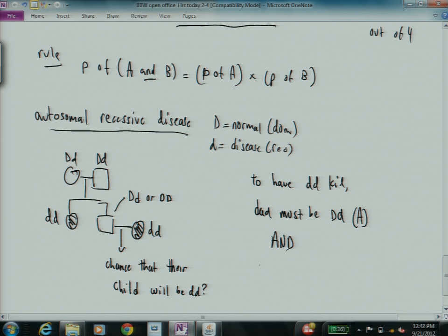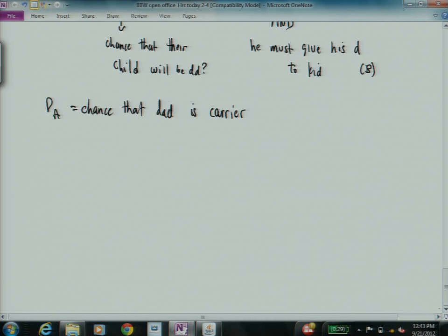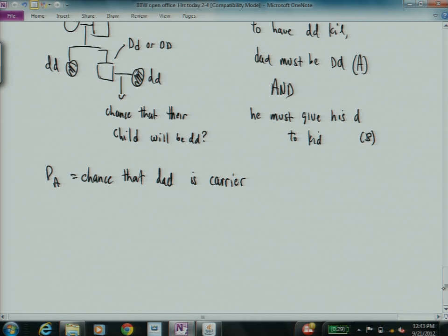So let's do some analysis. The probability of A is the chance that the dad is a carrier. Okay? So how do we figure that out? There you go. Chance that dad is a carrier. So let's draw up the old Punnett square.